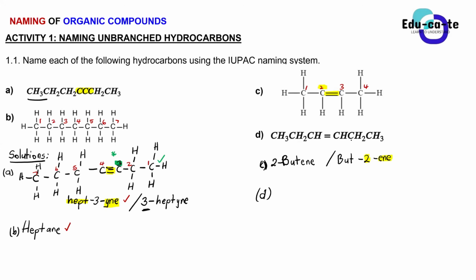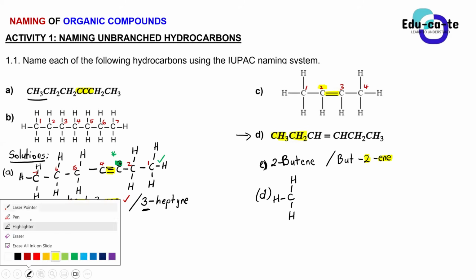Let's just rewrite this as a structural formula first. The structural formula is saying CH3, so this is a carbon that is bonded to 3 hydrogens, as the structural formula says, right? Then after this CH3, we go to a CH2.